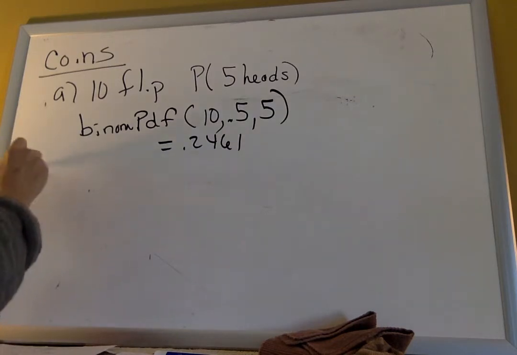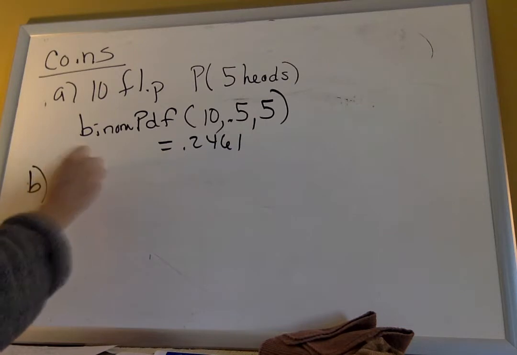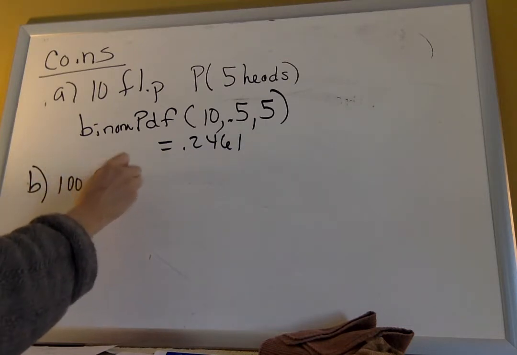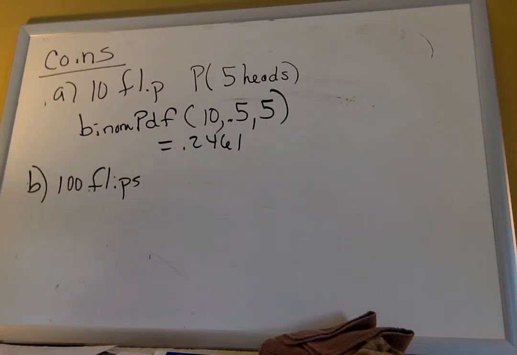Now, this might sound a little counterintuitive. We had talked about the more you flip, the more accurate your empirical probability is, right? But with that said, it's a lower probability that you're going to get precisely 50% because there are so many other options, right?